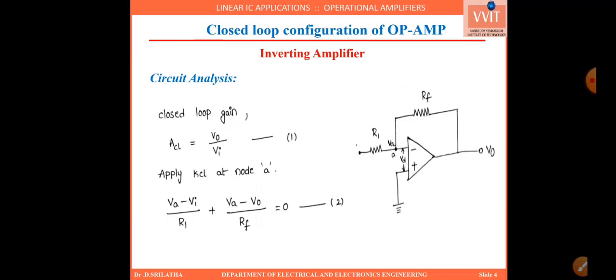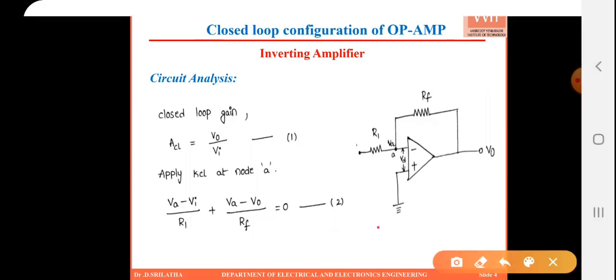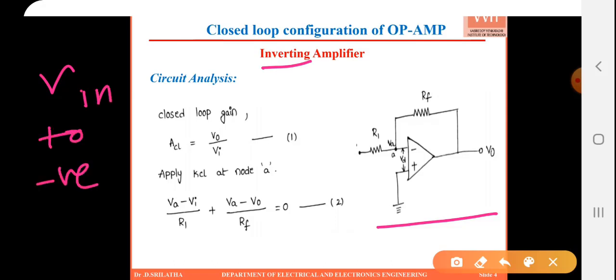Now let us analyze the function of the inverting amplifier. Here we consider an inverting amplifier circuit. As we know, in an inverting amplifier we connect the input source Vin to the negative terminal, and the positive terminal is grounded.